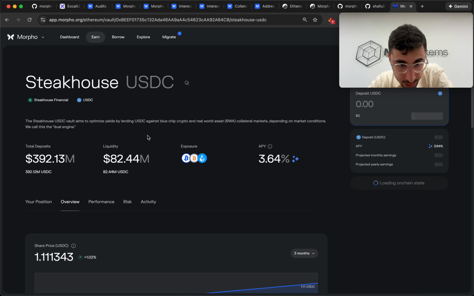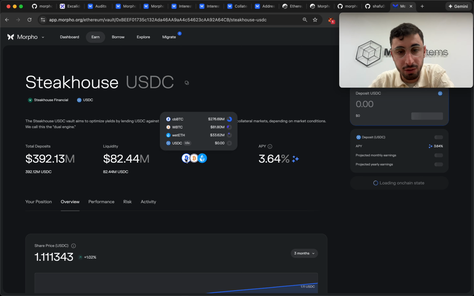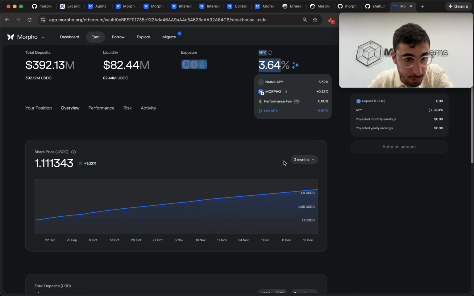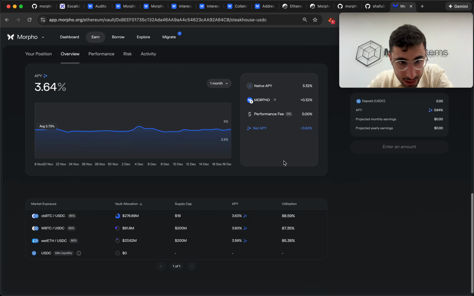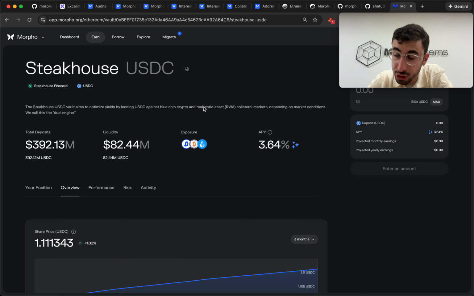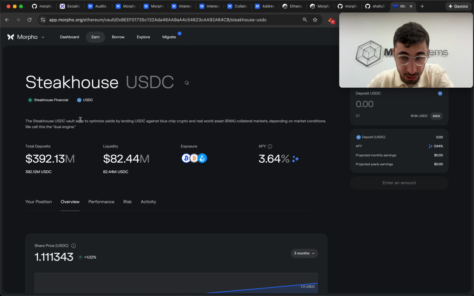So if you look at the Stakehouse vault, you have the USDC CBTC market, the USDC Rep BTC market, the USDC Rep staked ETH market, and so on. And this gives you an aggregated APY. And this is curated by a curator. In this case, it's Stakehouse Financial. So this is how it works.